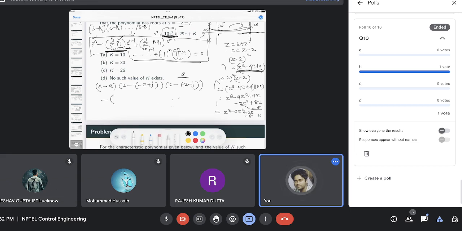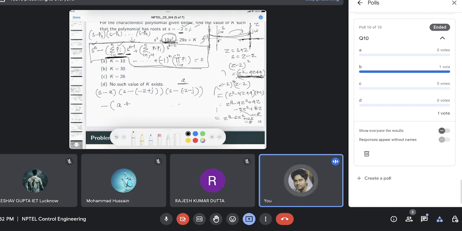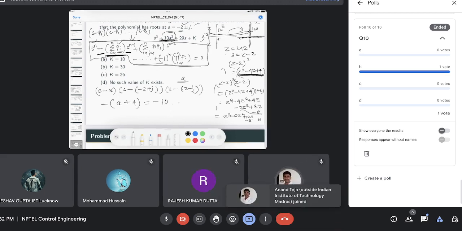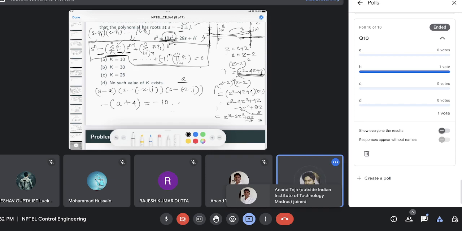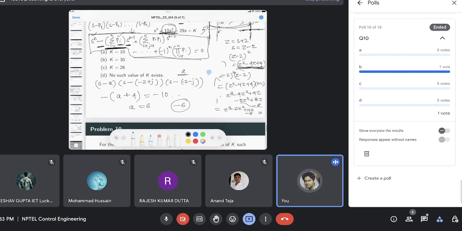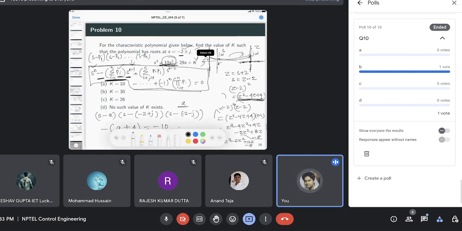So minus of a plus these two poles' summation, which is -4, is equal to -10. It is the negative of this, because it is plus 10 there, so I should have written -10. So a equals 6, and the negative part means it is located at -6. If it is -6, then the last term will be the multiplication of all three poles.